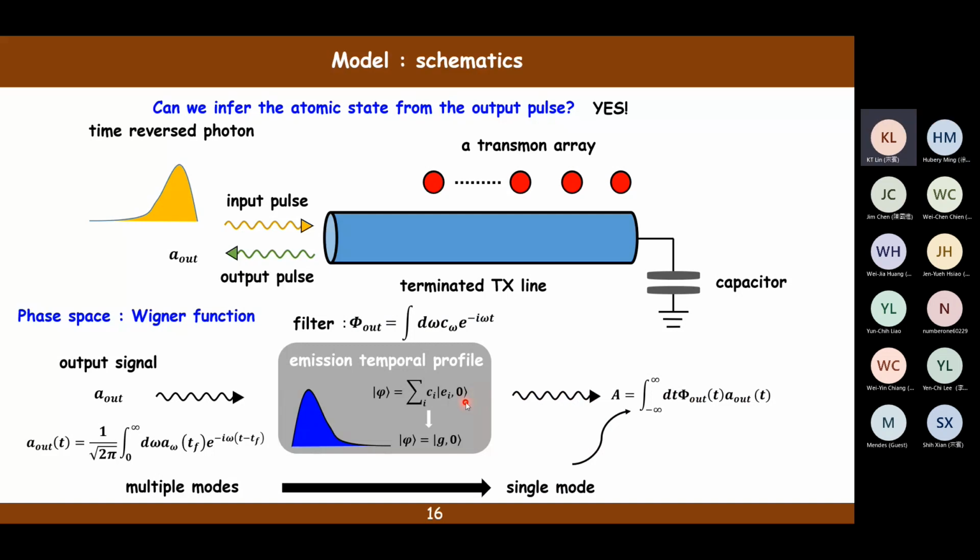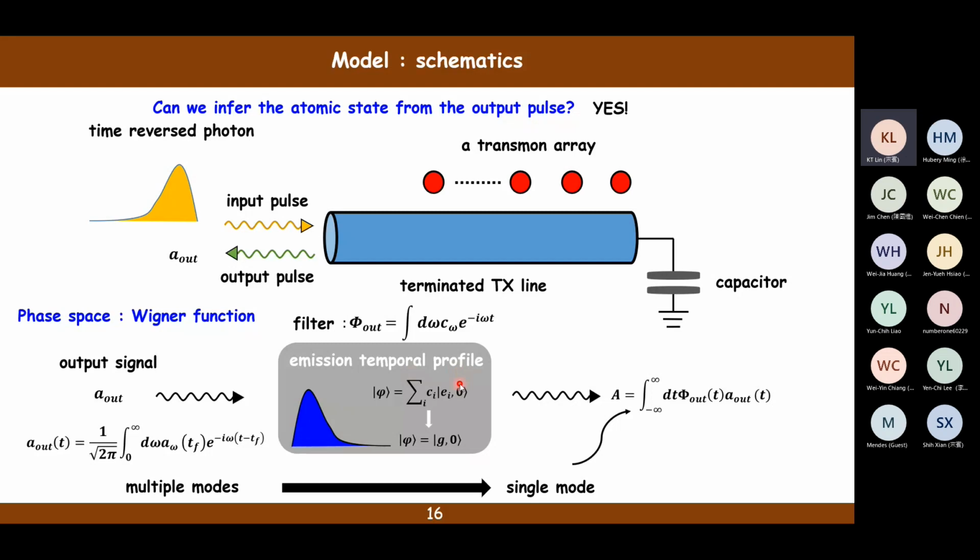Well, suppose you have a desired state you want to prepare. When it undergoes spontaneous emission, you can get the corresponding emission temporal profile, right? Oh, okay. So that's its original.